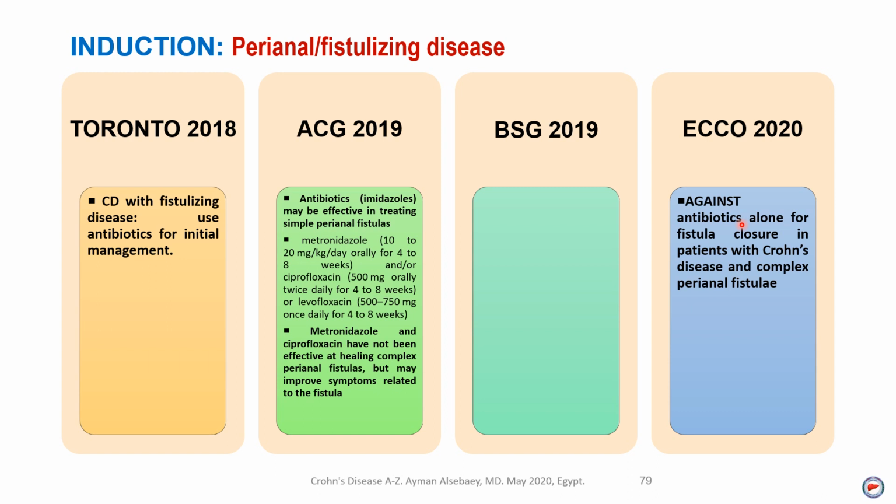In the past, they used antibiotics for treatment of Crohn's disease, and we said that nowadays we are against it. Also, in the past, they used antibiotics for induction of closure of the fistula. Okay? Should we use them or not? For induction of closure, not for treatment of infection. If there is infection, we will use them.